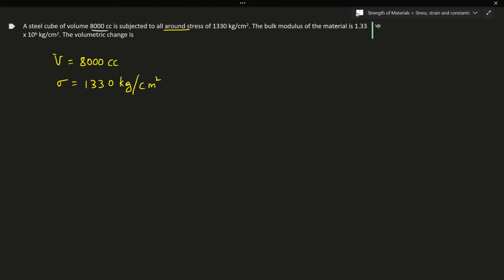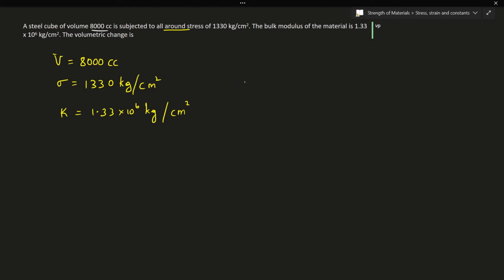Okay, so the bulk modulus of the material is given as 1.33 into 10 to the power of 6 kg per centimeter square. So since all the units are in centimeter, I'll just keep that in mind. I'll not change it to meter cube or millimeter square. Let me start solving the question.